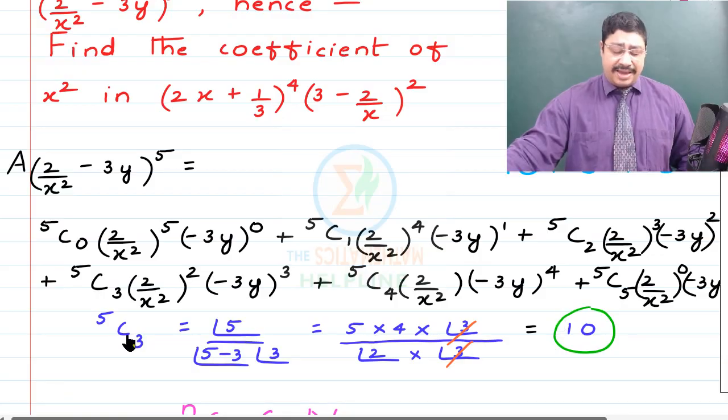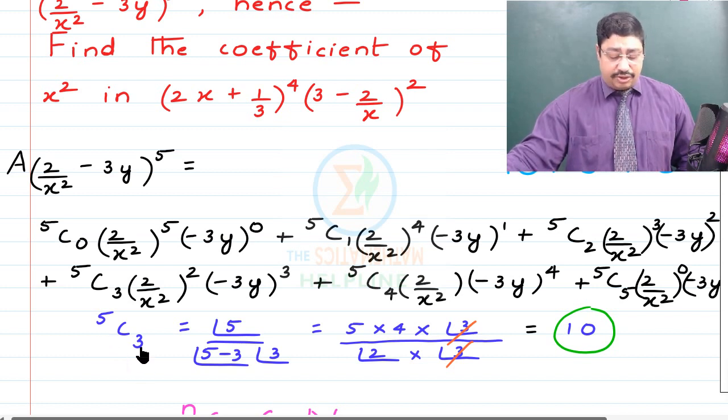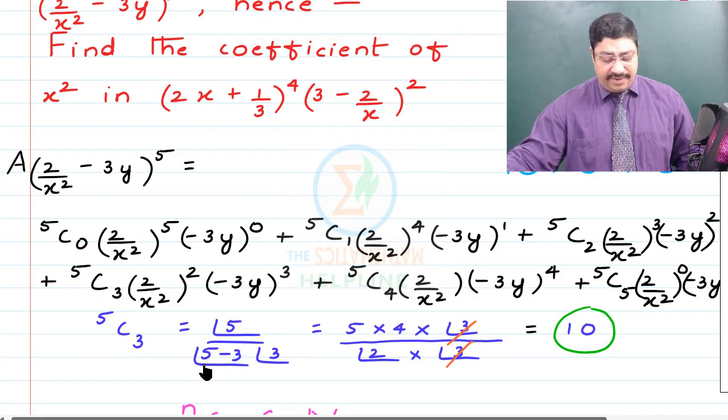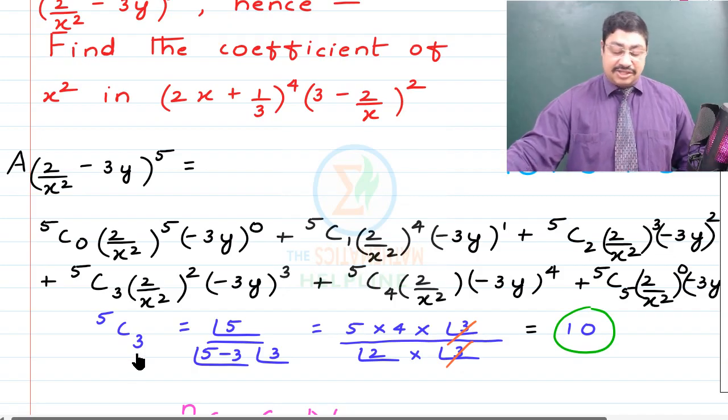I told you how to find out the value of the binomial coefficient. That will be just by writing, say, 5C3 to be factorial of the power, the number which is there in the superfix, divided by the factorial of the difference of the numbers in the superfix and the suffix times the factorial of the number in the suffix, that is 3.